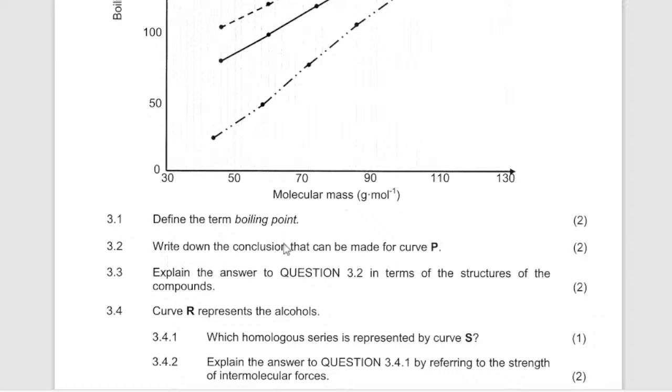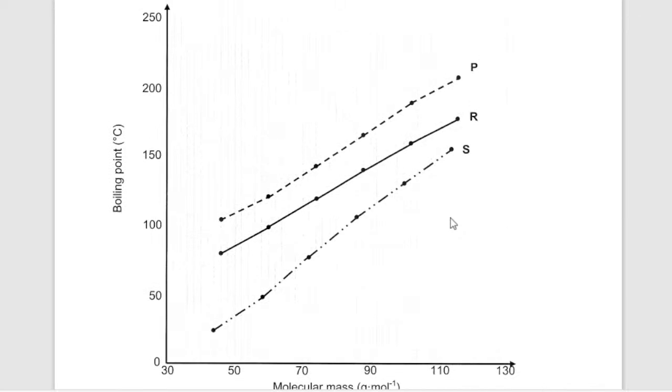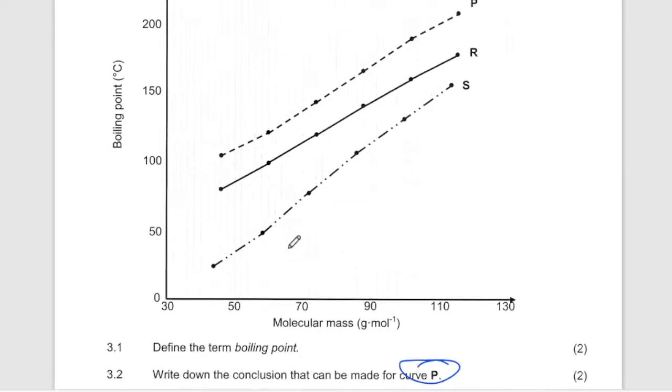Write down the conclusion that could be made for P. So where is P? Without even looking at what P is, you see that the boiling point increases as this is increasing. We always start with the y-axis, because the y-axis depends on the x-axis.